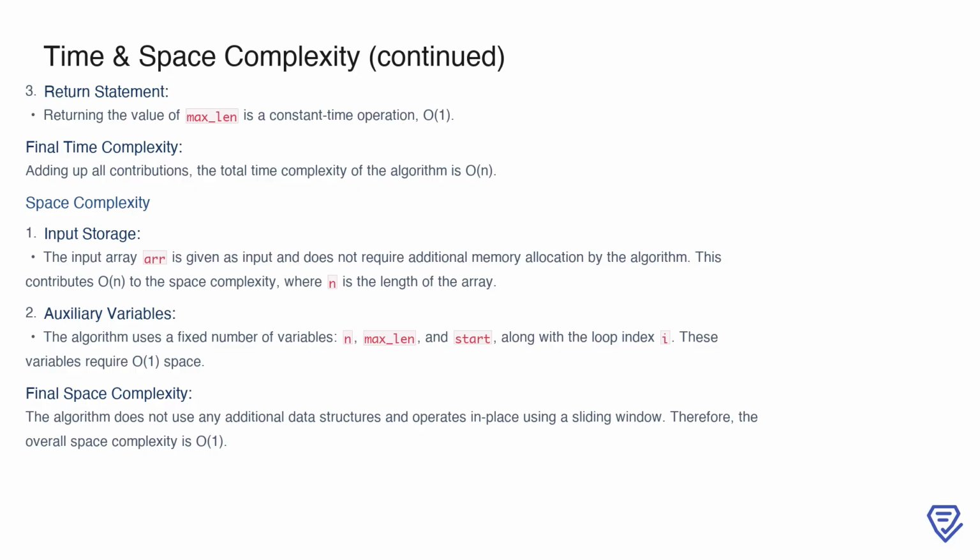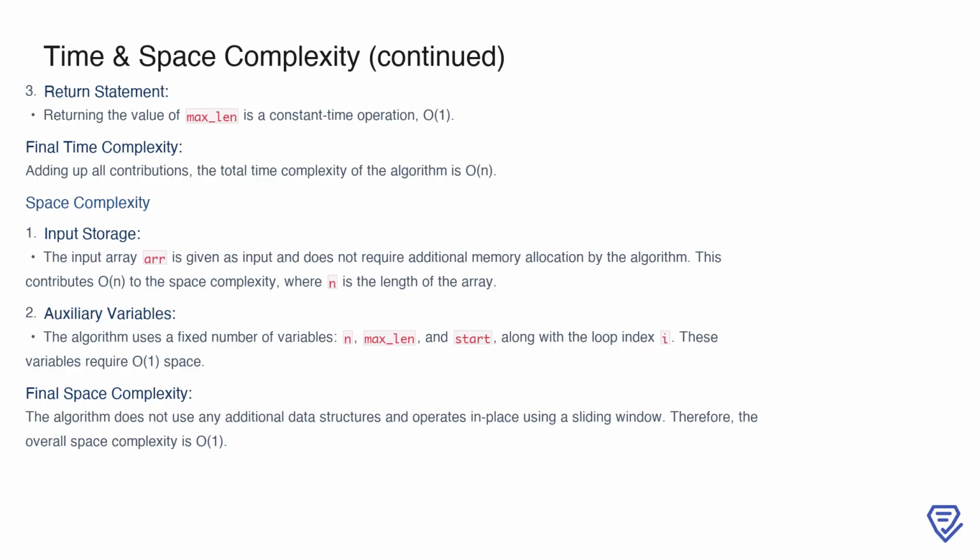Finally, the return statement simply outputs the value of max_len, which is a constant time operation and contributes O(1). When we sum up all these components, the dominant term comes from the loop, which processes the array in O(n) time. Therefore, the overall time complexity of the algorithm is O(n).